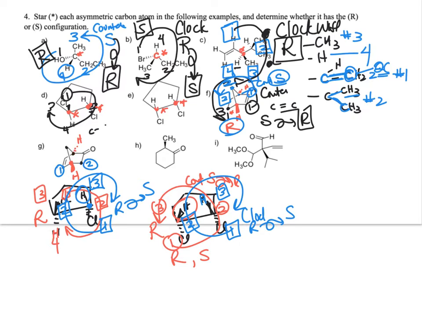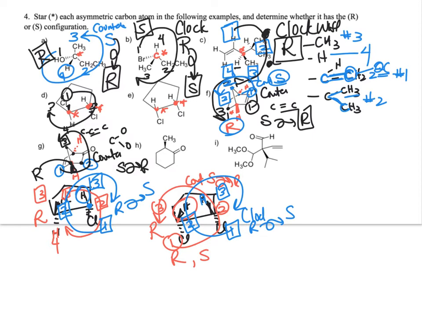That one's bonded to C, C, C. So 2 carbons. And when you go here, this is bonded to 2 oxygens because it double bonds 2 oxygens. So we would call this 2 and then that 3. And then when you connect 1, 2, 3, you see that that's counterclockwise, that's S, but you have your hydrogen coming at you, so S would go to R. So that front asymmetric carbon is R.